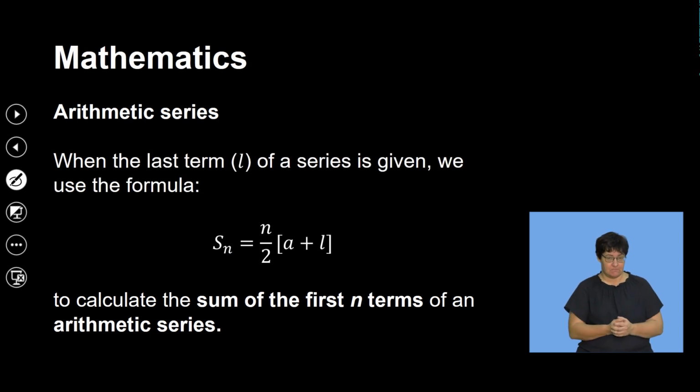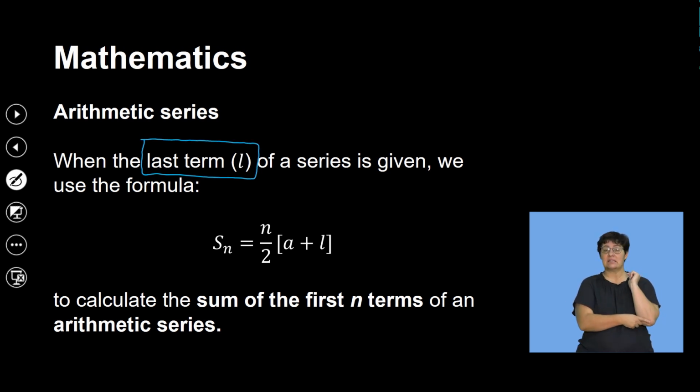But there will also be a time where they give you the series and the last term. To find the sum of that sequence, or series, you will then use Sn = n/2 (a + l), where the last term is normally represented by l, right?